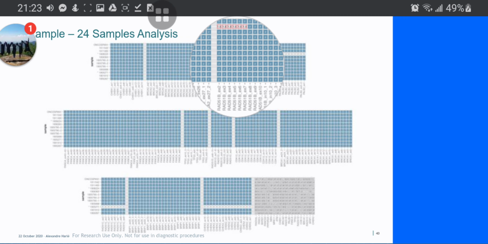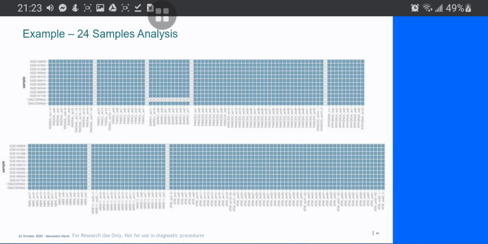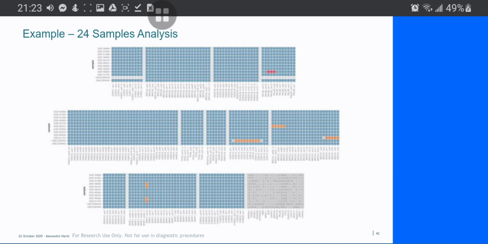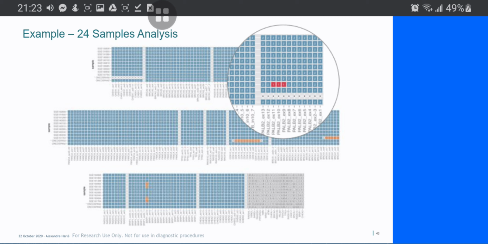And for these samples here, we don't have any CNV identified. If we check more samples, we can see here that we have a loss of PALB2 in this sample, which was a germline sample from patients with already identified PALB2 loss.